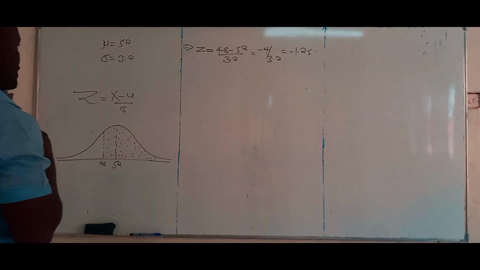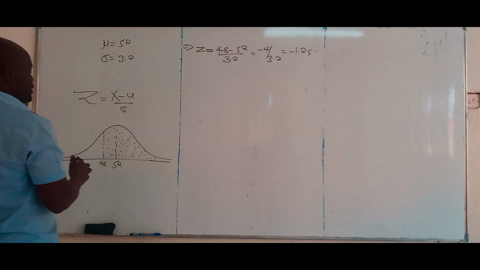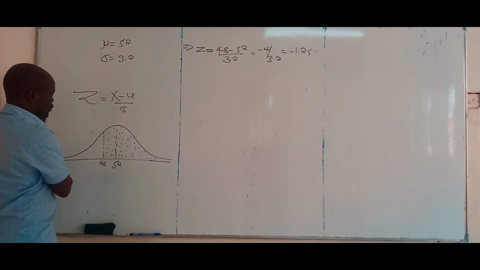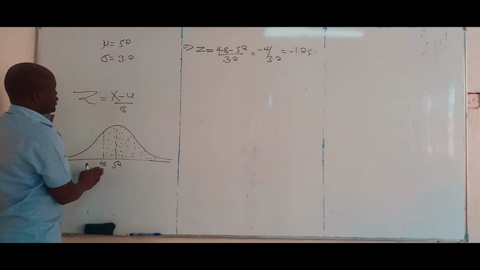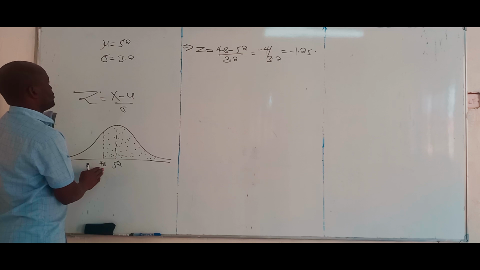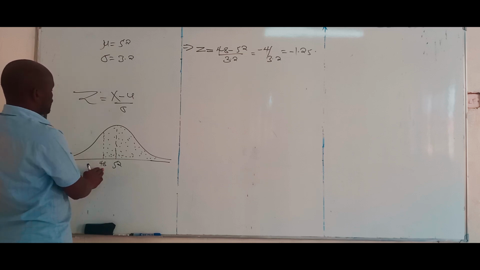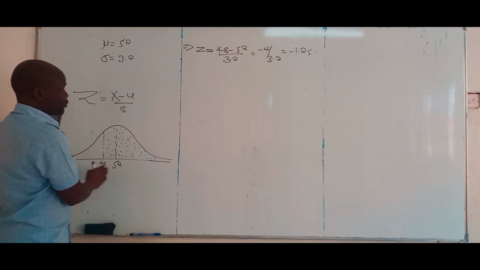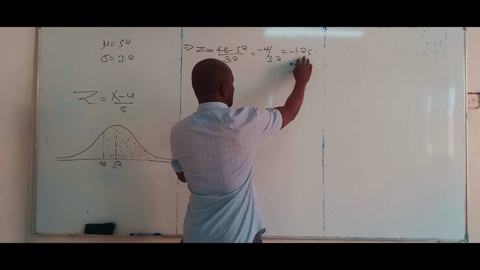We have seen that the area from no harvest, which is possible, to 48, the z-score that corresponds to that probability is negative 1.25.